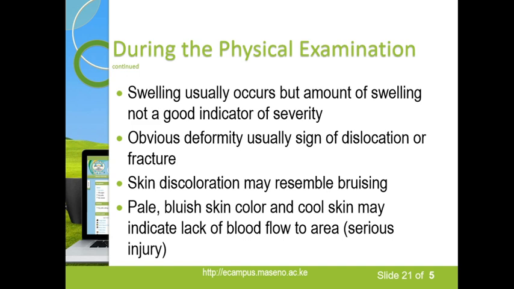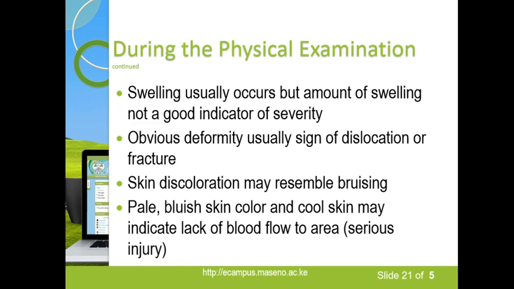Now, an obvious deformity usually is a sign of dislocation or a fracture. And when you look at the area that is fractured or that has been injured, you'll usually see a discoloration or hyperpigmentation that may resemble bruising.